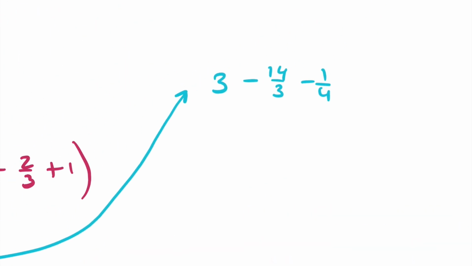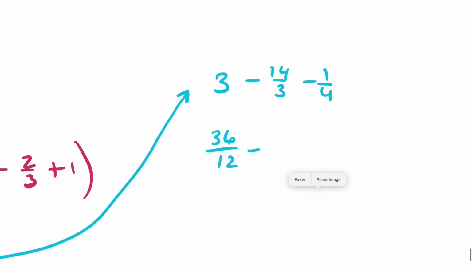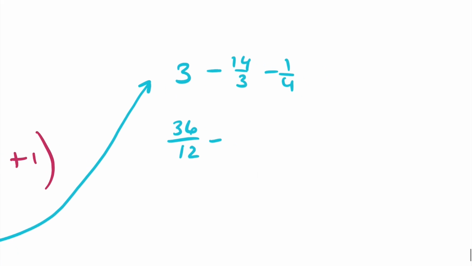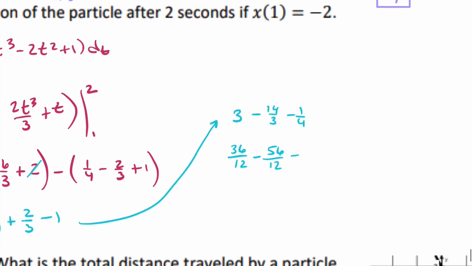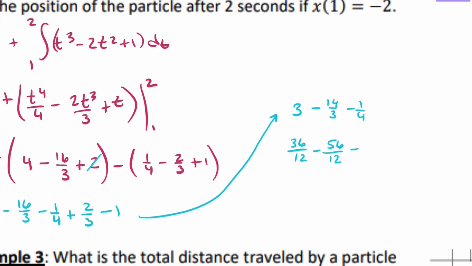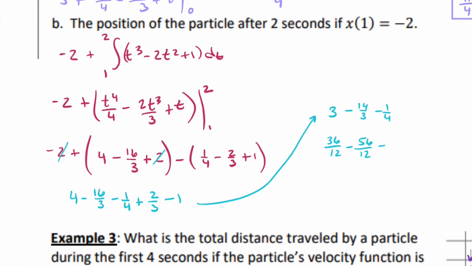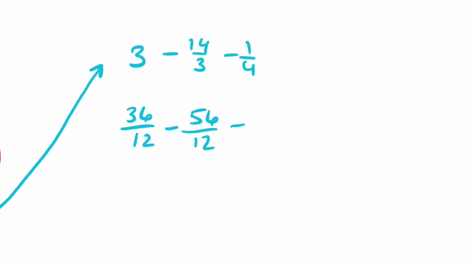If we put this into twelfths, we get 36 twelfths, minus 56 twelfths, and then take away 3 twelfths.